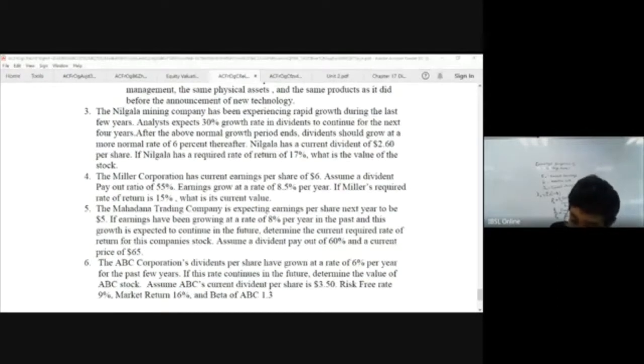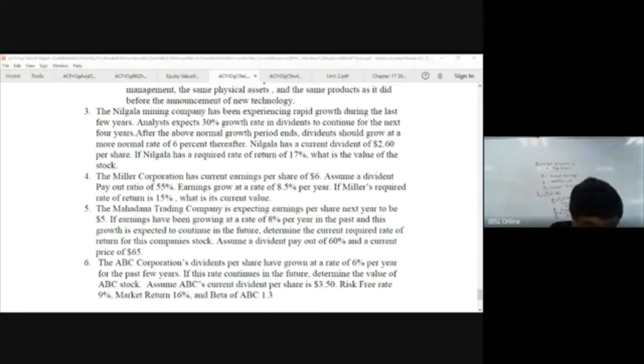Payout ratio is given. So therefore you need to multiply it with 0.55. Now I think some people have made some mistakes. That is natural.